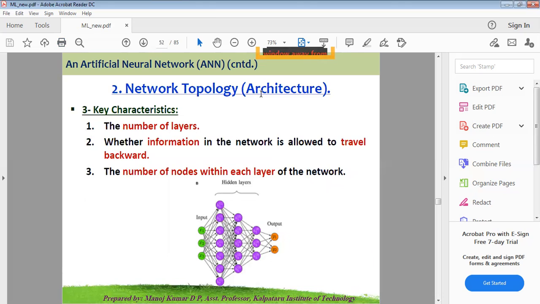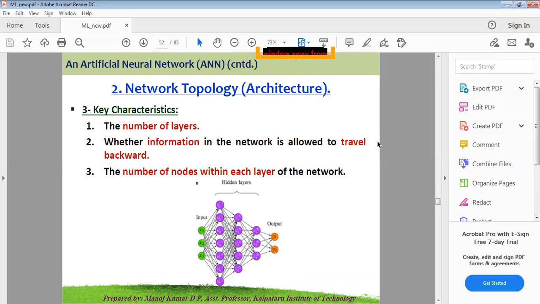Next we come to the network topology. Network topology deals with layers: how many layers are there? The number of layers. First the input x1, x2, x3 with weights w1, w2, w3. You will pass through many layers to generate one output, one or more outputs, but basically it will be only one output. Also, whether information in the network is allowed to travel backward.